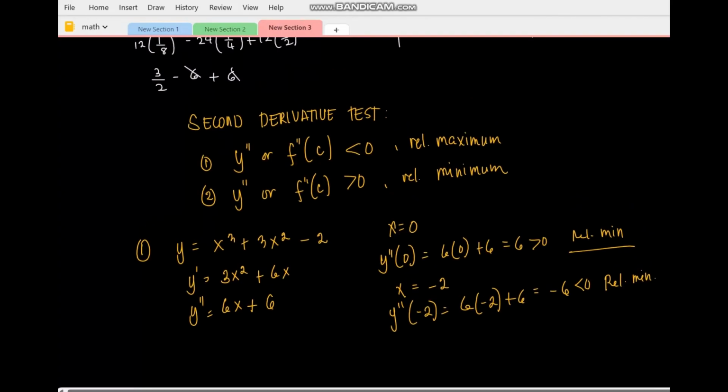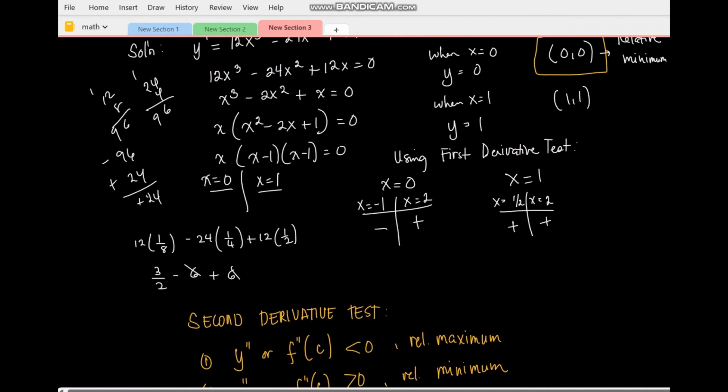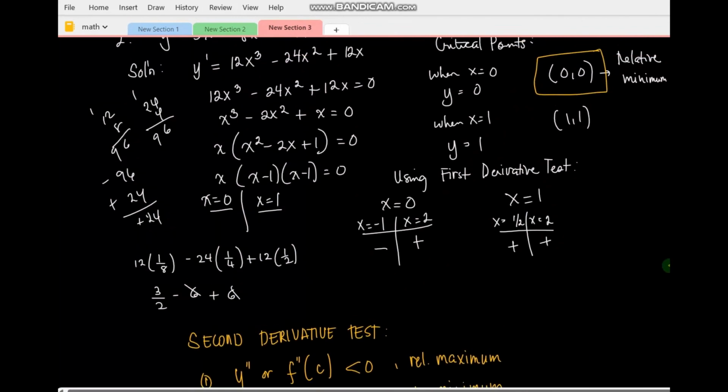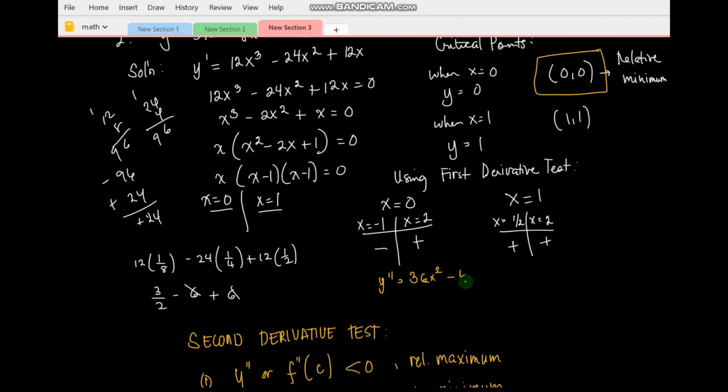Okay, if we have another one, first example, we use this space. So this is our first derivative, right? 12x cubed minus 24x squared plus 12x. Check for the second. So y double prime is just 12 times 3, 36x squared, then minus 48x plus 12. There are two critical numbers.